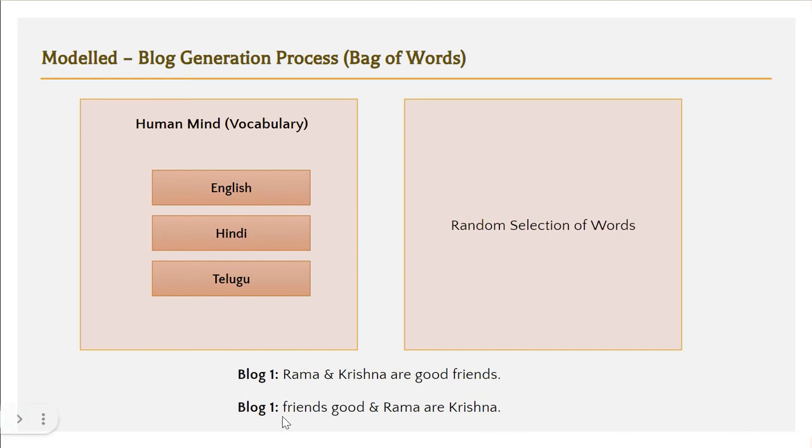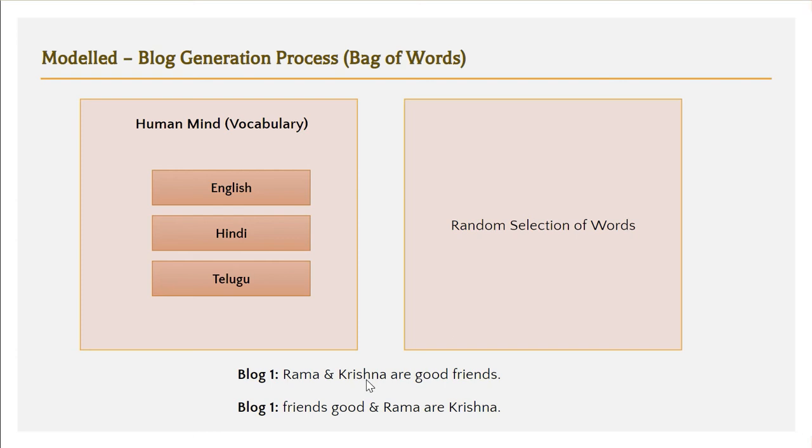For a human, this doesn't make any sense. Like friends and good Rama or Krishna. This sentence doesn't make any sense because we are trying to interpret an idea from a sentence. But remember, in our model, there is no concept of idea. All we are assuming is there is a bag of words. From that bag of words, we take one word and put it here.